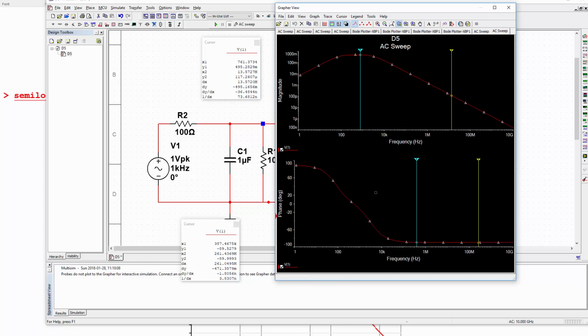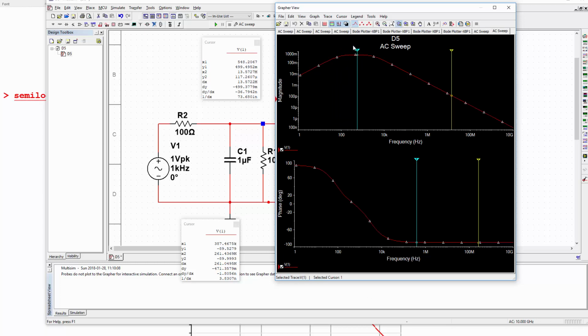So that's the show cursors, and that's separately activated for each plot. So just sort of click in the plot area and then say show cursors, and you can see, well, we've got a Y of around 500 milli, so 0.5 at the max. That's the gain, and we can look for where the gain would drop to 1 over root 2 of that value.